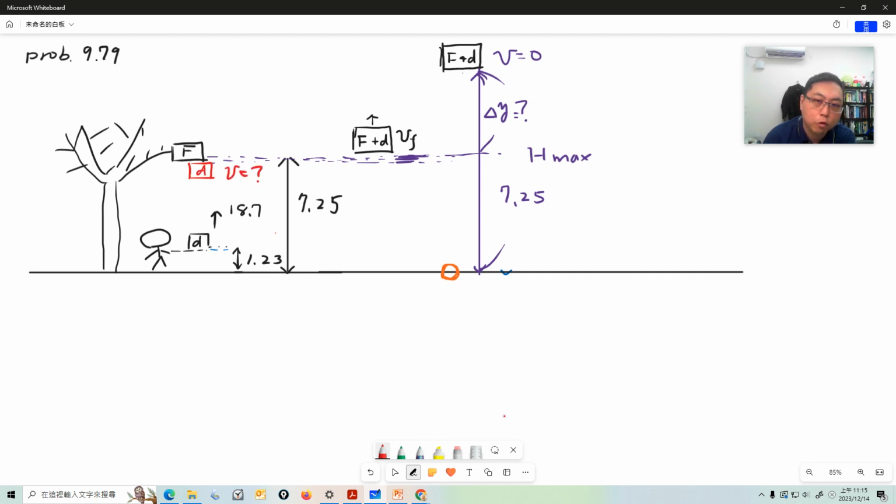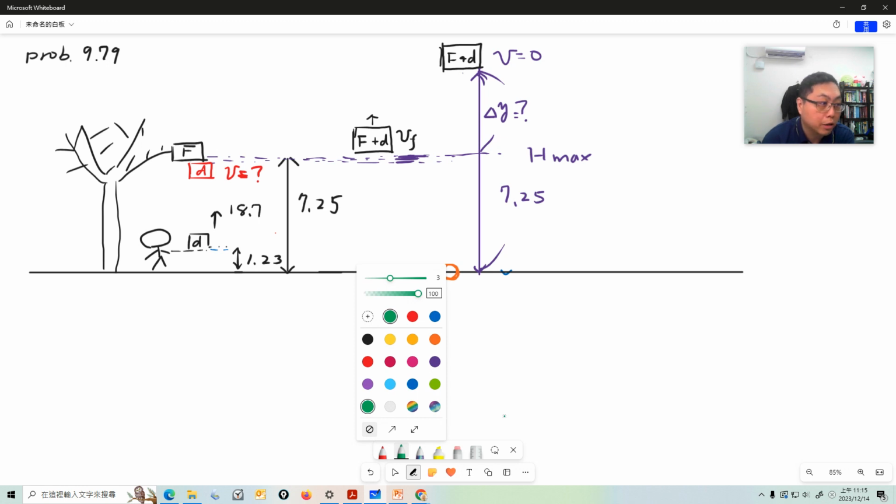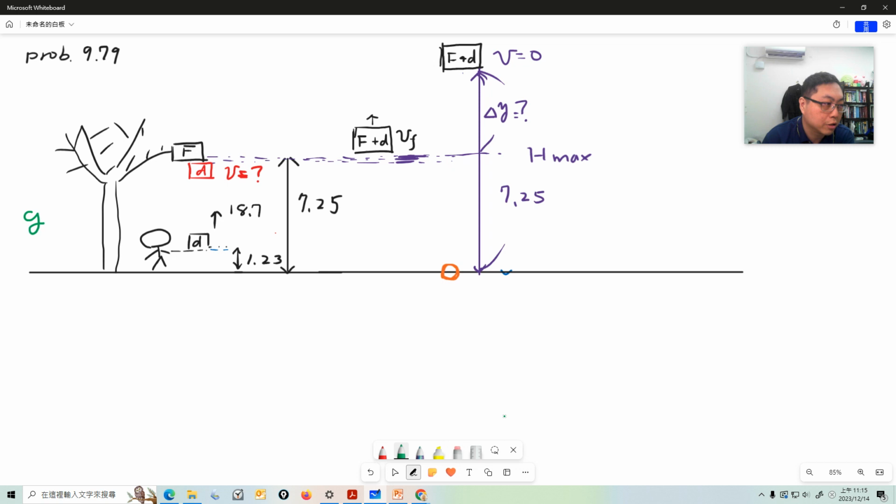It's not 18.7 anymore, because we have the acceleration of gravity, g equal to 9.8 meters per second squared, pointing downward.